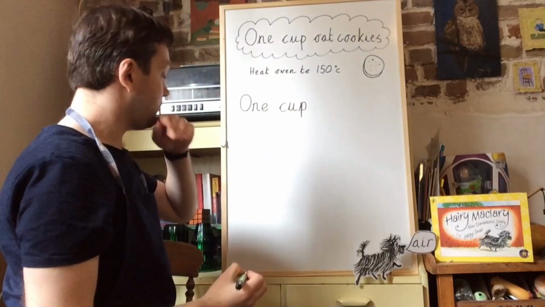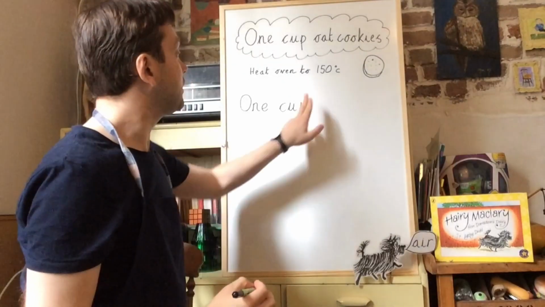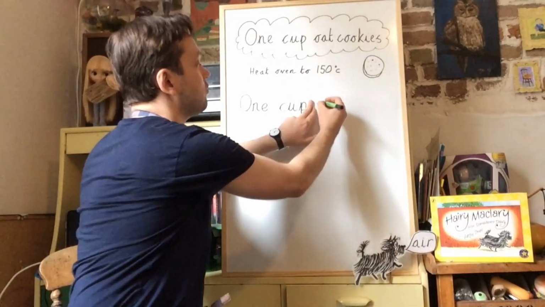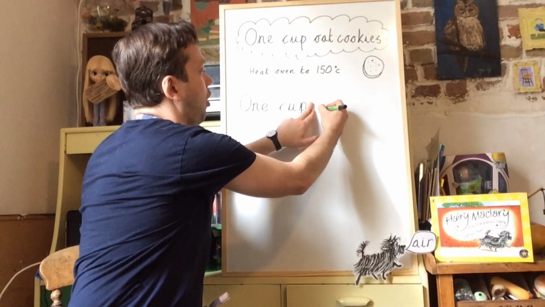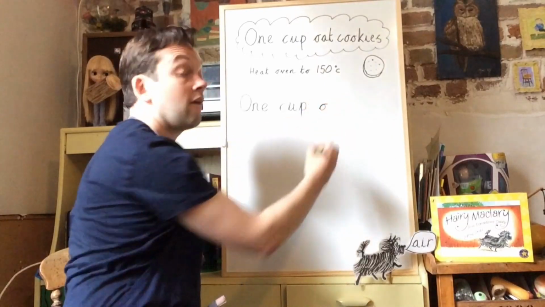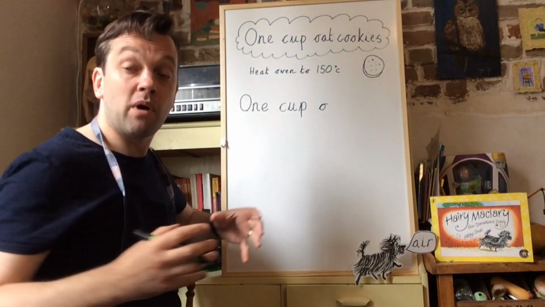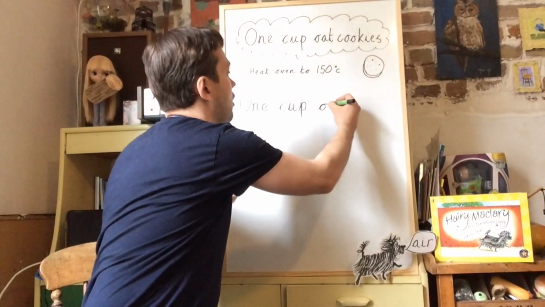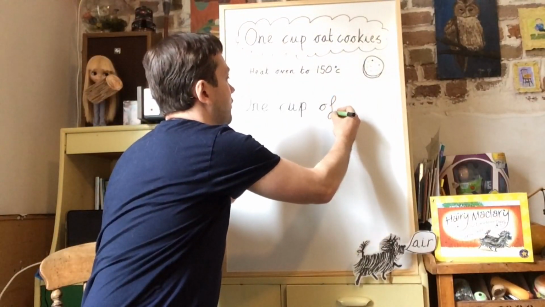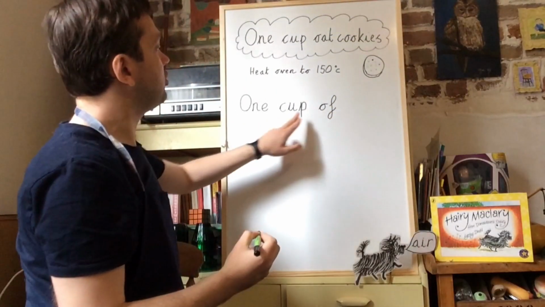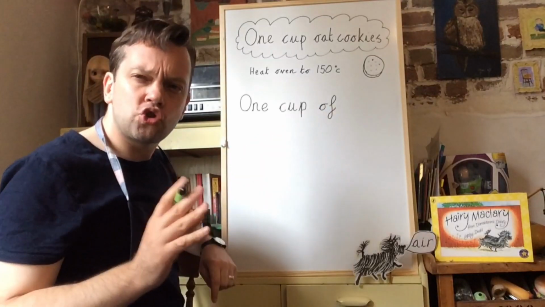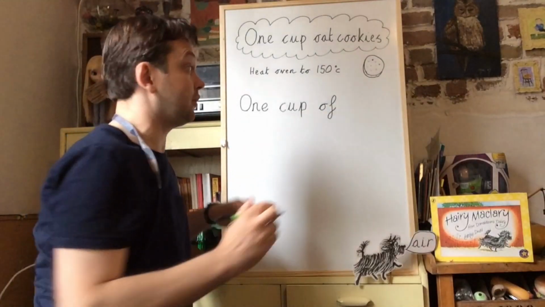1 cup of, 2 finger spaces. Remember that tricky spelling? It's O and not V, but F. The letter F. 1 cup of, and sugar is a funny spelling as well.